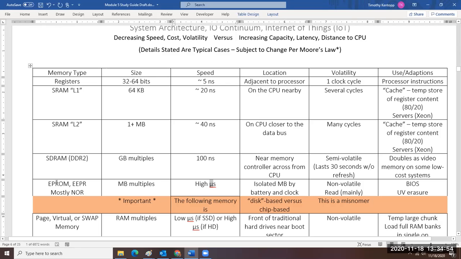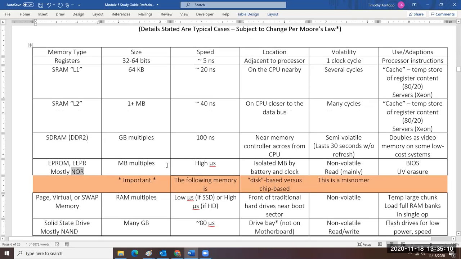When you go to the EEPROM, right? It's made with NORs. It has to do with BIOS. It's non-volatile memory. And it's further from the CPU, but because of the way it's built, it's kind of like the only exception.